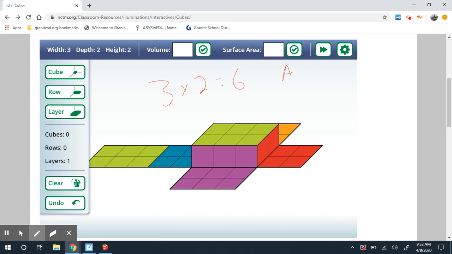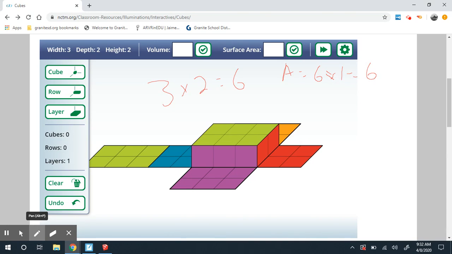So the area of our base is 6 square units. Now, as we give our shape depth, as we add our third dimension, right now it's 1 unit high, which doesn't change anything. So if we multiply 6 times 1, we still get 6.